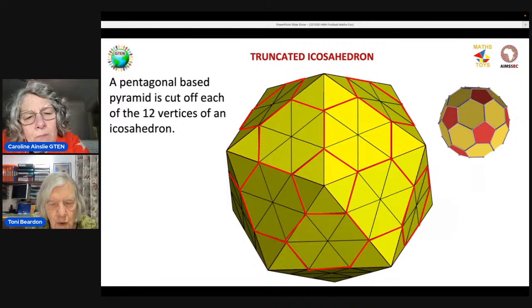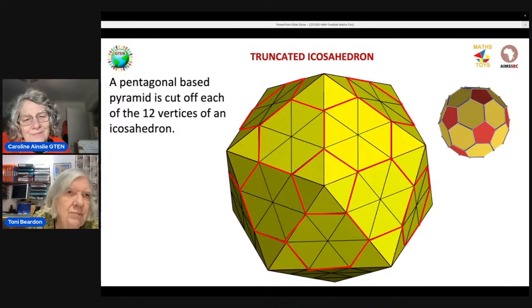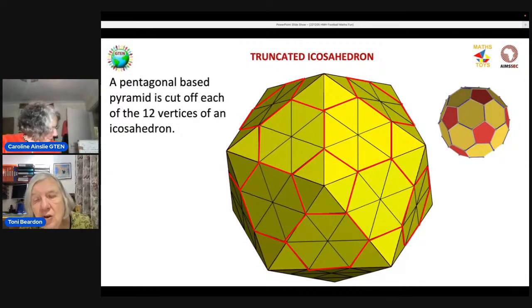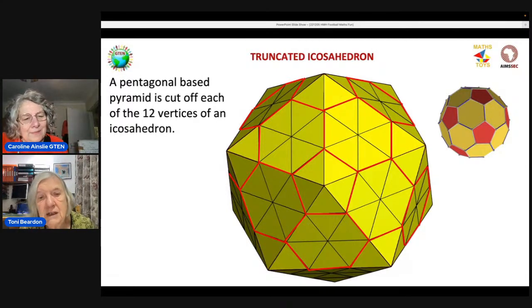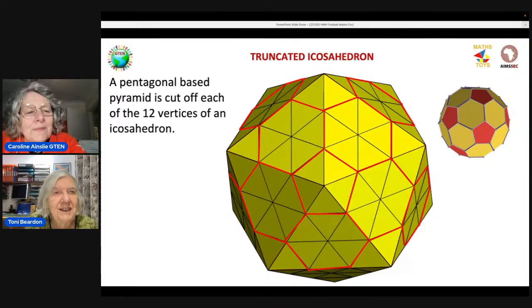And when you do that cut and pick off these 12 pentagonal pyramids, you have left a flat area. Well, if you're working with something solid, then you're left with the flat pentagonal face, which is in red on the picture on the right.